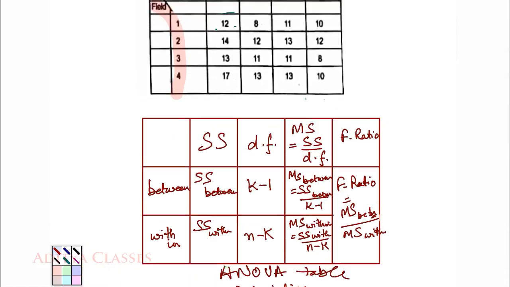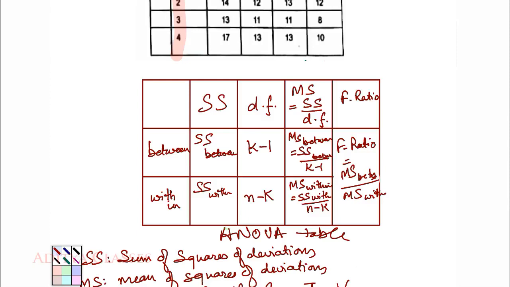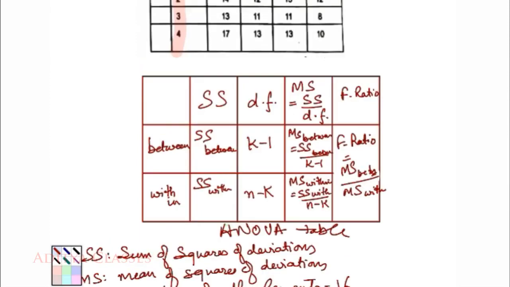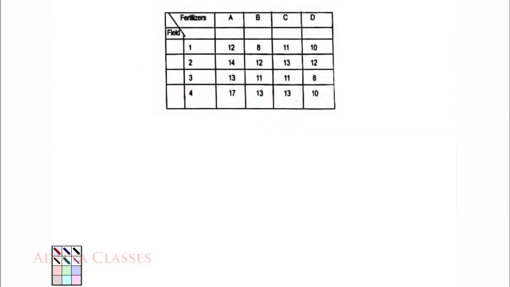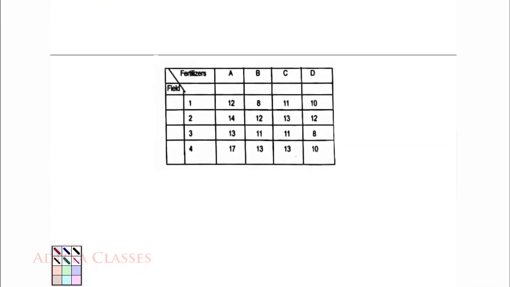Now let us go ahead and import the question once again so that we can set up our calculations around that question. So here is our table. This is the same table we have put here for calculation sake. Now what I'll be doing is we are making a comparison between fertilizers.